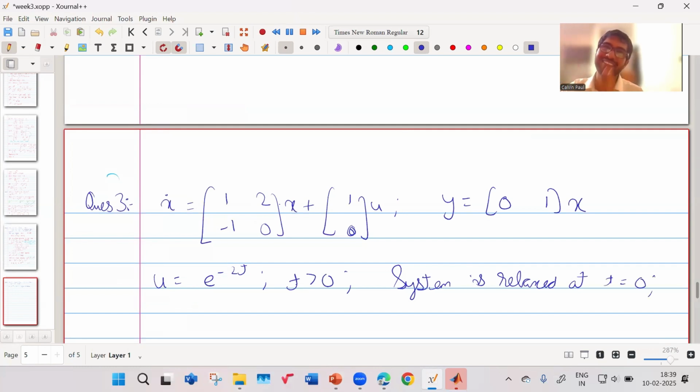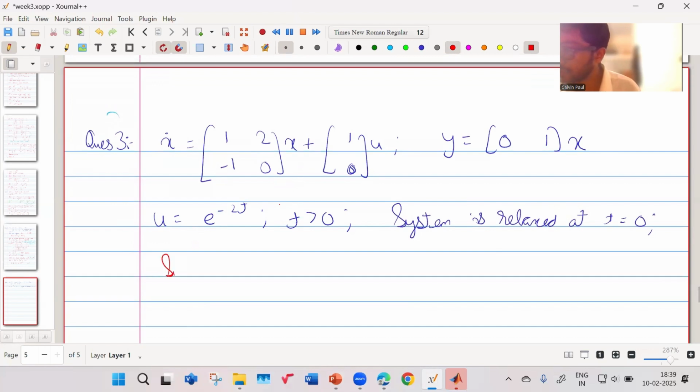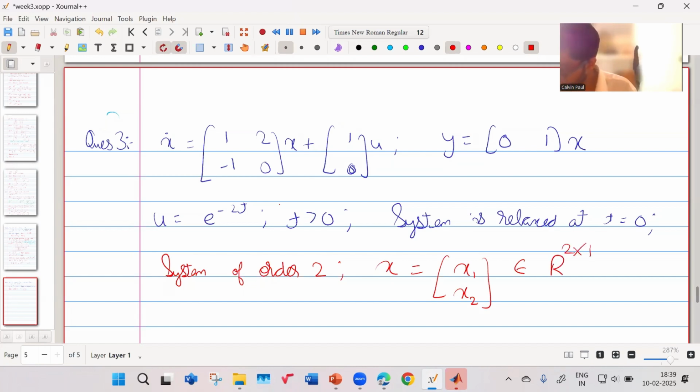When we think of relaxation, we think peaceful, nice, etc. So what do they mean by system is relaxed in the context of this system and this question? This is a system of order 2. This is my state vector, it has x1 and x2, so it is a column vector of dimension 2.